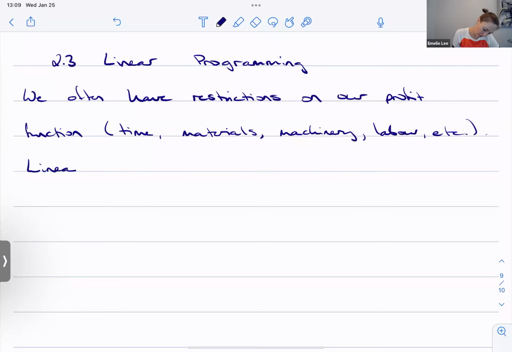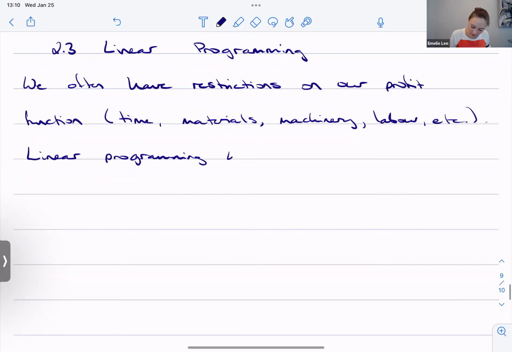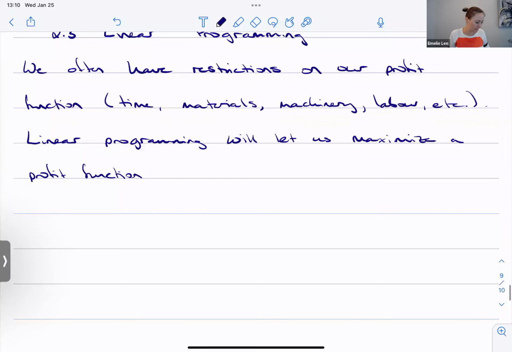So linear programming will let us maximize a profit function given a set of restrictions.